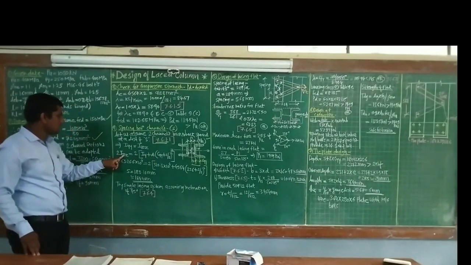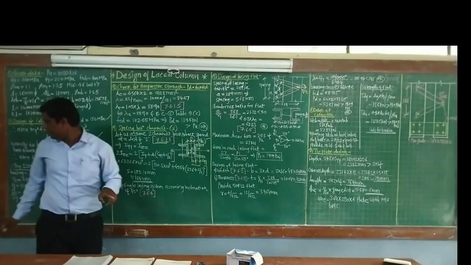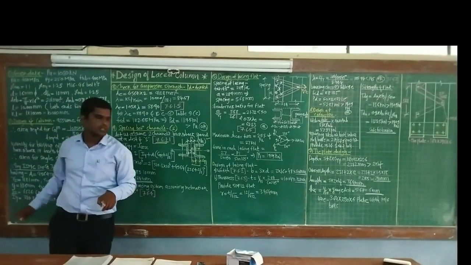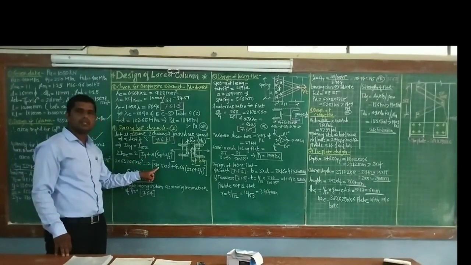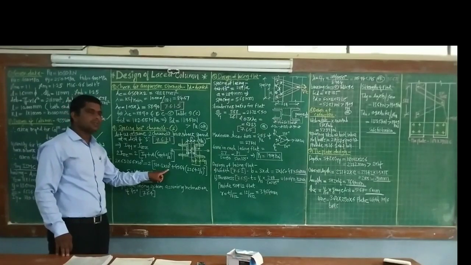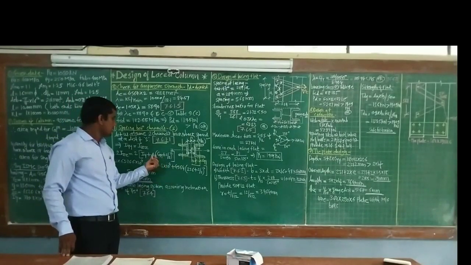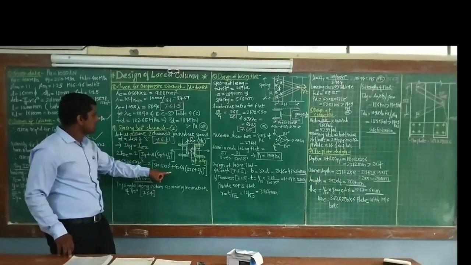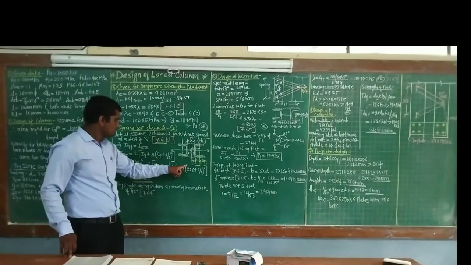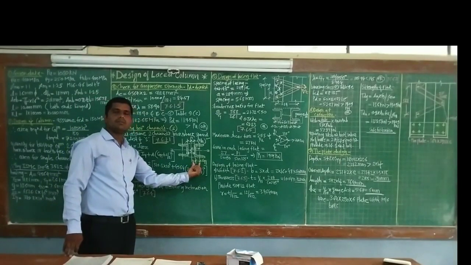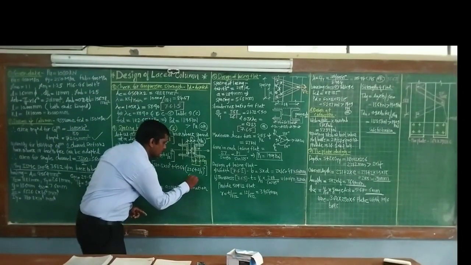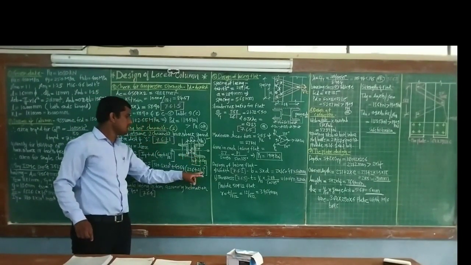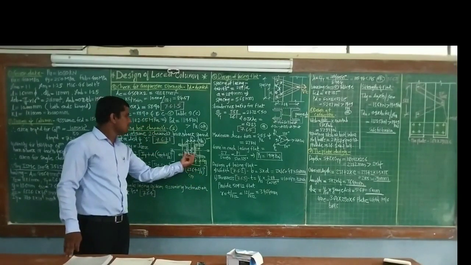Twice of this I value is given in our numerical as 63.6 into 10 to the power 4. Twice of Iz equal to twice of Iy is 310.8 into 10 to the power 4, plus the area of a single section, that is 4164, into 23.6, the Cyy distance, plus S by 2, half of the spacing.